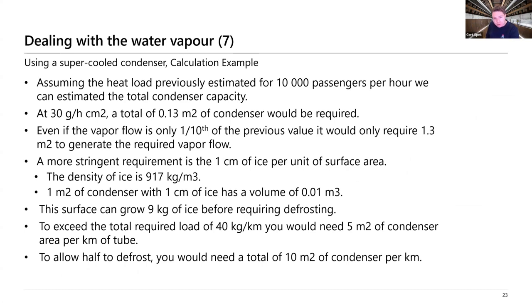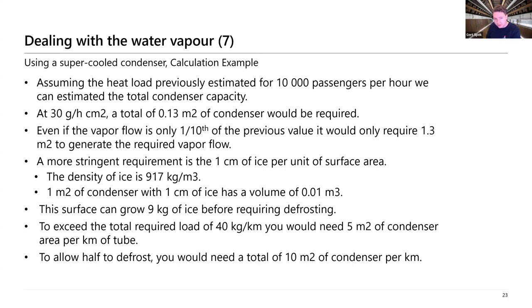Then to close the loop for a calculation example, if we indeed have these 10,000 passengers per hour, we would only need for these 40 kilograms around 0.13 square meters of condenser surface area to generate this flow area.